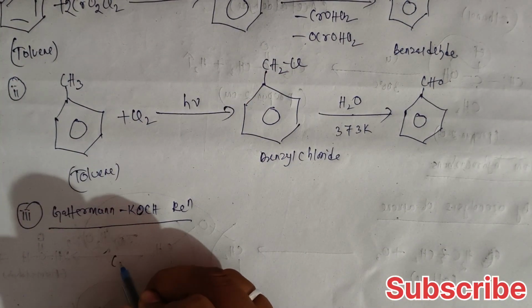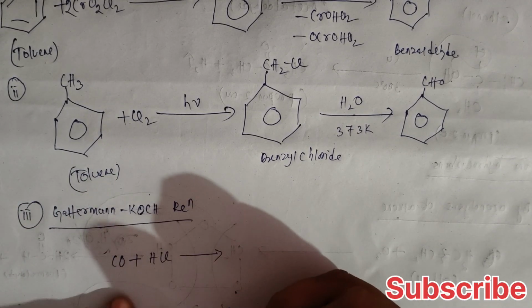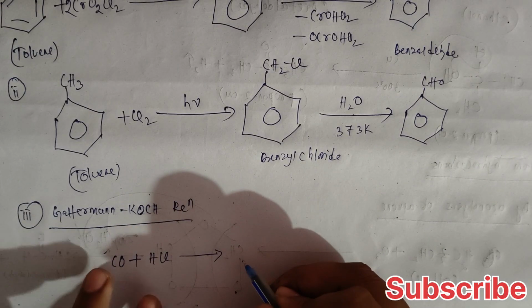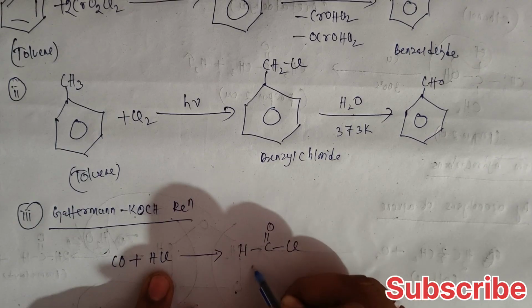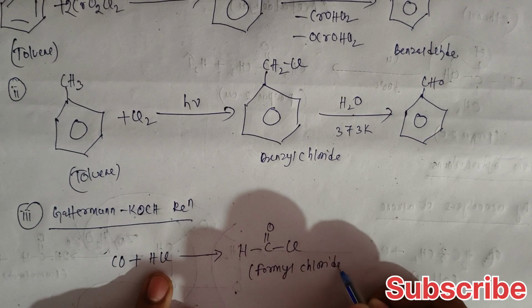First of all, we have to take a mixture of carbon monoxide and hydrochloric acid. When they react, this compound will mix and form a highly reactive compound called formyl chloride.